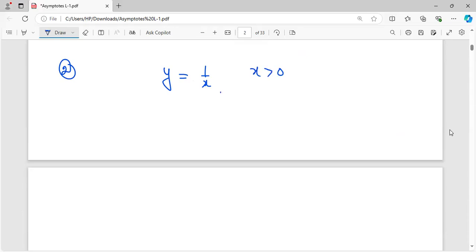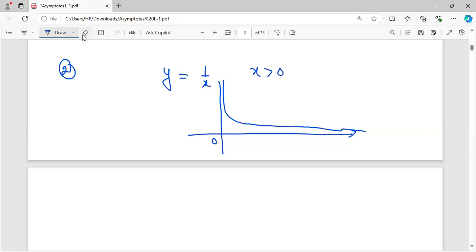Its graph is nothing but this, tending to 0. Okay, so this is the graph of y is equal to 1 upon x.